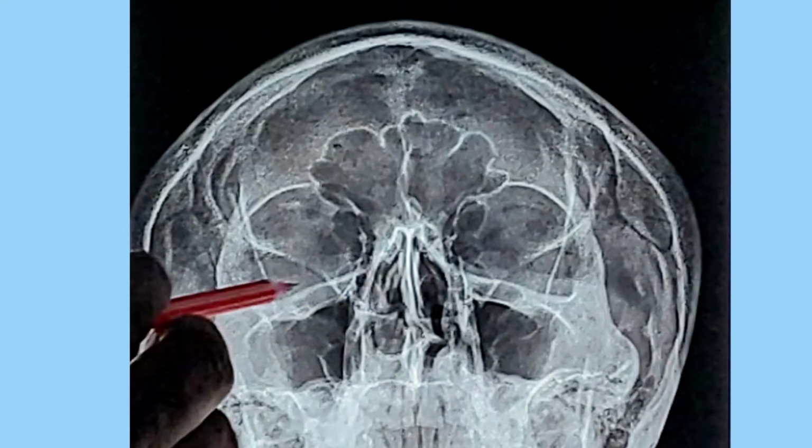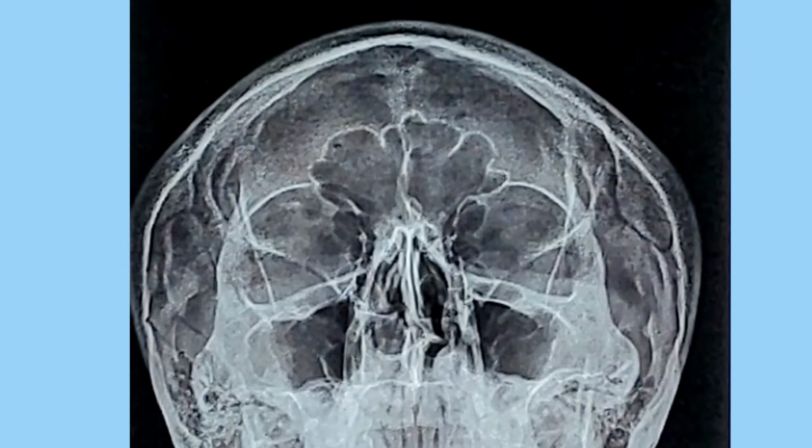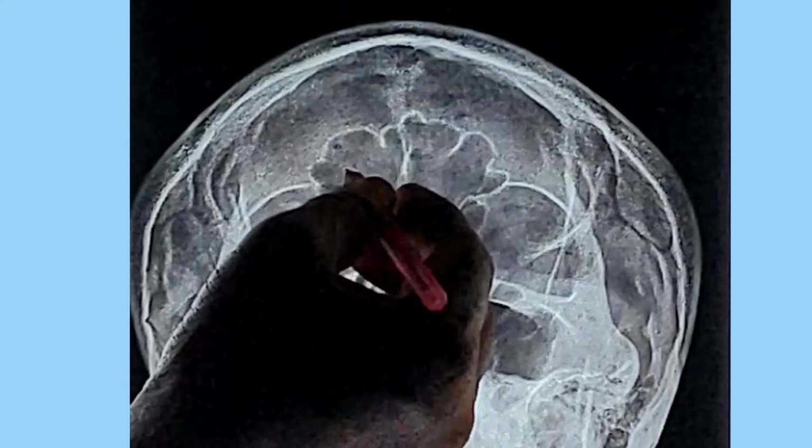These air sinuses are mucus lined air containing spaces within the bones, and all these air sinuses communicate with the nasal cavity, and all the sinuses are bilateral in position. That means they are present on both sides.